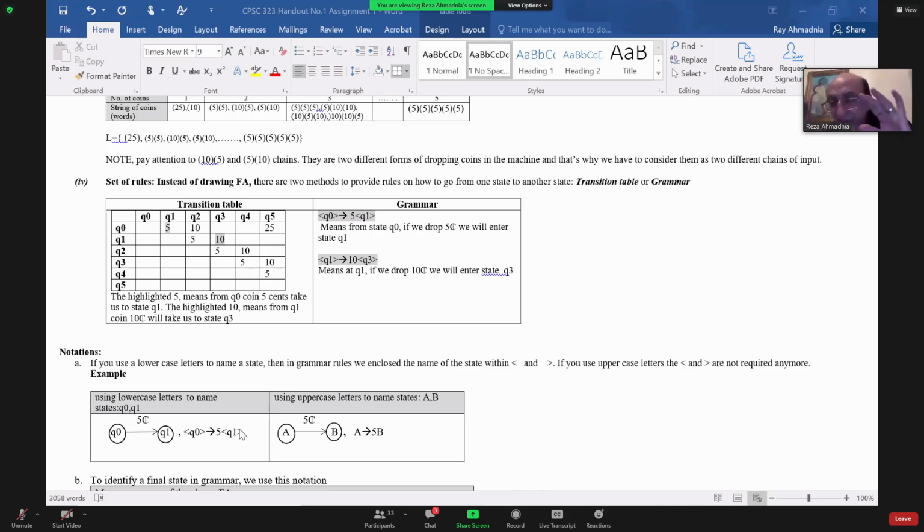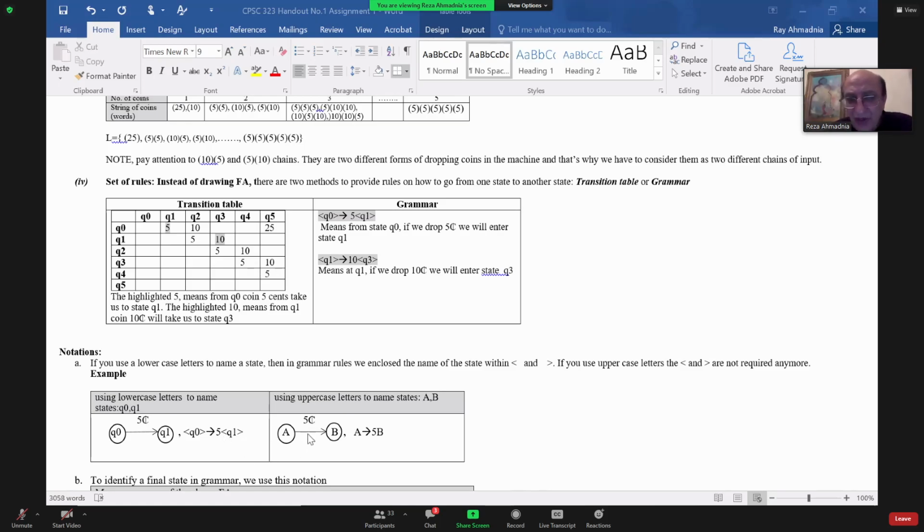We put the name of the state within angle brackets. So when you write the grammar, the name of the state has to be within angle brackets.